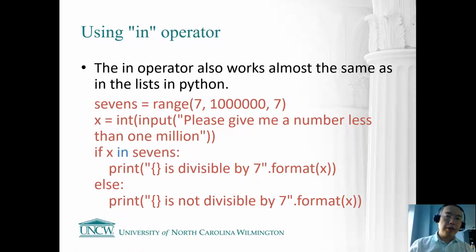Previously we know we can use the in operator to check whether one string is in another string, which checks substrings. We can check if one value is a member of a list with the in operator. Now, one more thing: we can use the in operator to check if one value is a member of a range.